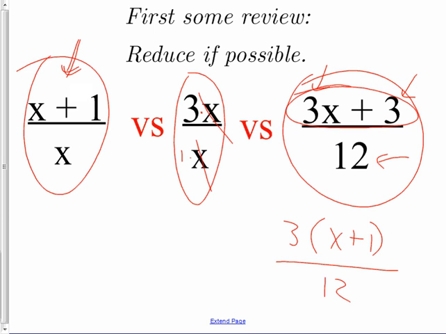If you factor this part and make it 3 on the outside and x plus 1 on the inside, then really what's happening is this is turned into a multiply problem on the top. And that means that you can cancel. 3 goes in here once, 3 goes in here 4 times. And the final answer would be x plus 1 over 4 on that one. Okay, so this one you can't cancel, so this one stays the same.